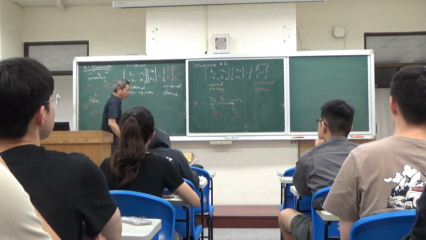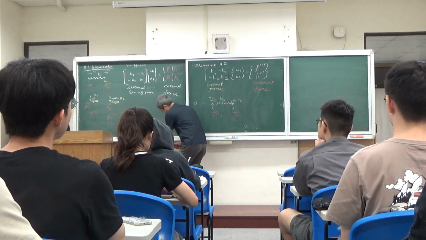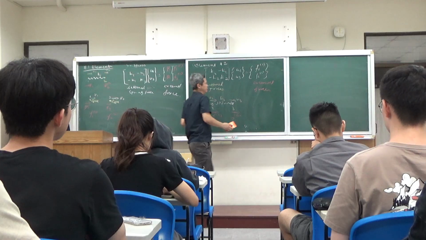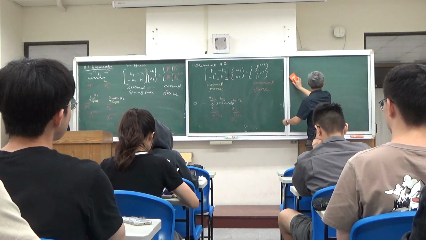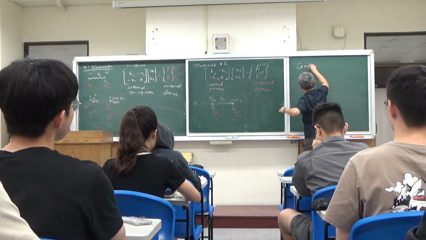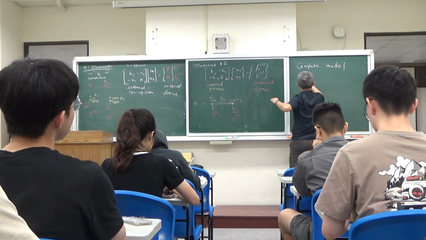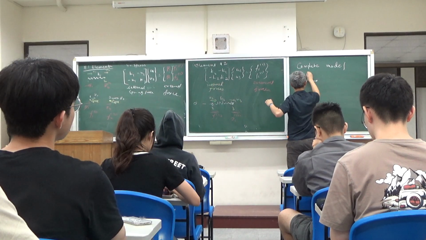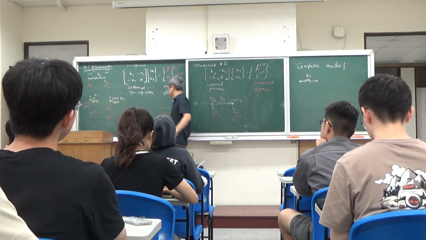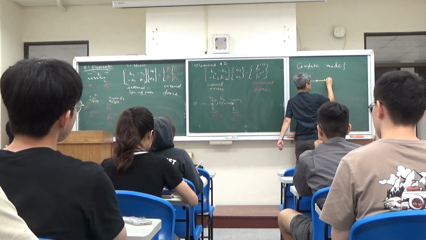If you now recall your elements, you have two truss elements. Your complete model is element 1 and then element 2.